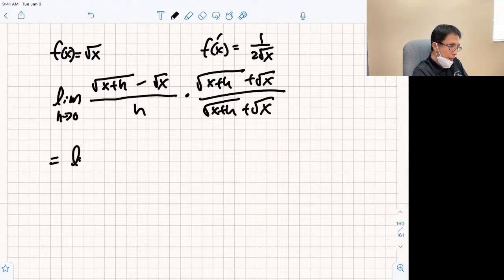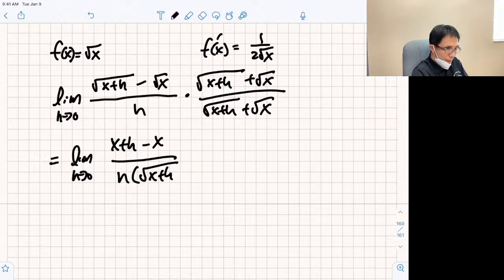Then that's equal to the limit as h approaches 0, because a minus b times a plus b gives x plus h minus x over h times square root of x plus h plus square root of x. Does that make sense so far or no? Can this x cancel out because of negative x? Can the h cancel out?